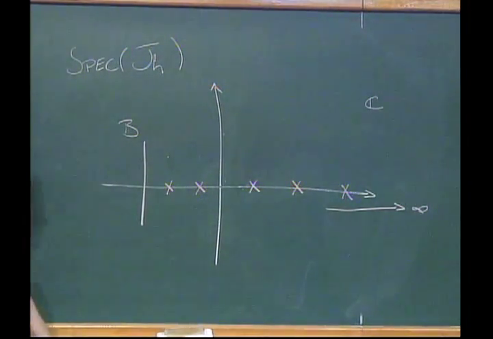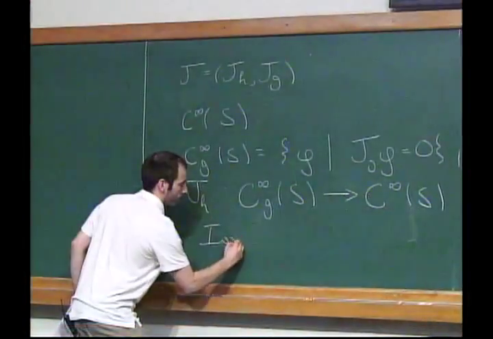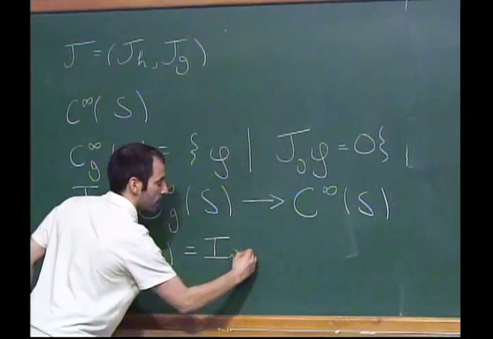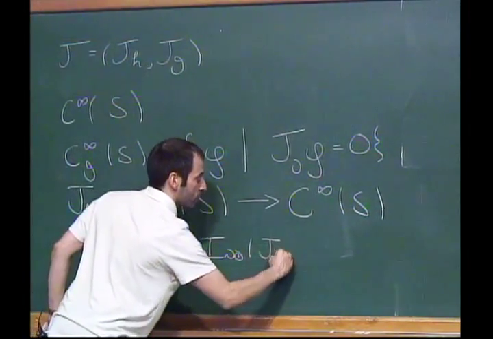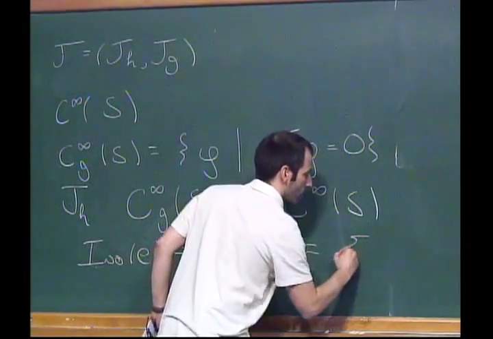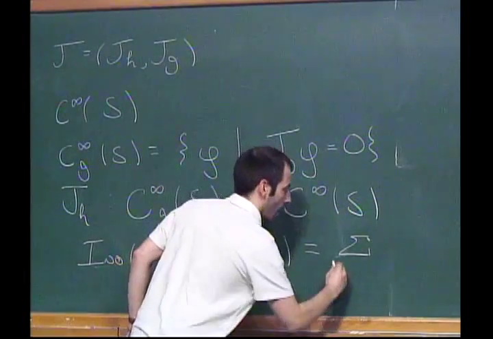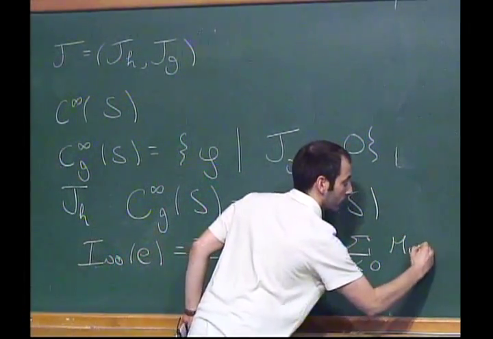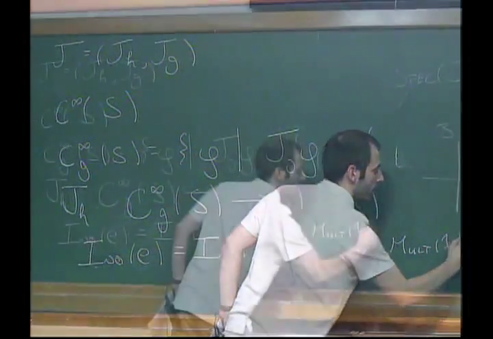So, the index of the solution, E, is simply defined to be equal to the index of this JH. Okay? And the index is simply equal to the sum over all eigenvalues lambda which are negative of the multiplicity of lambda.